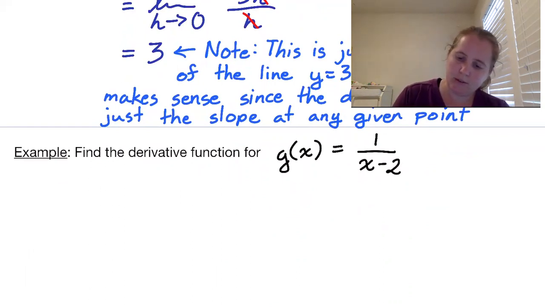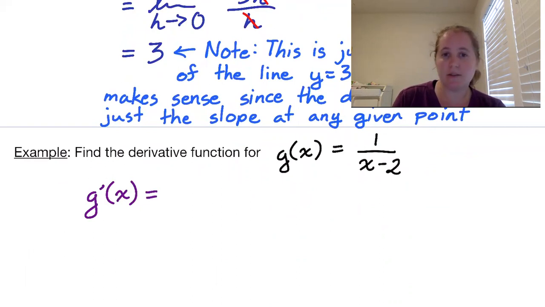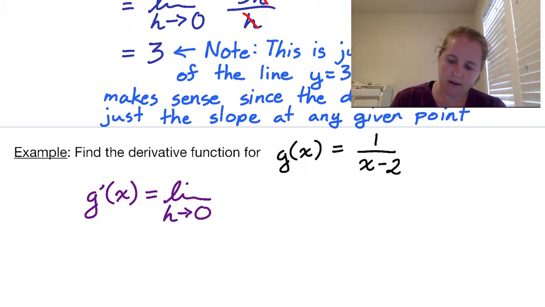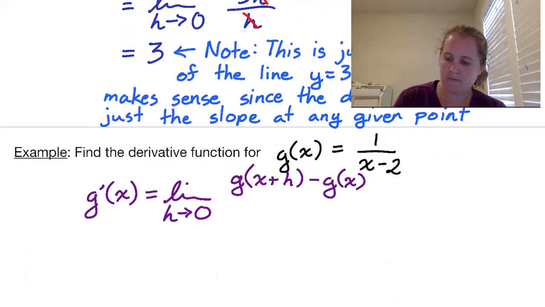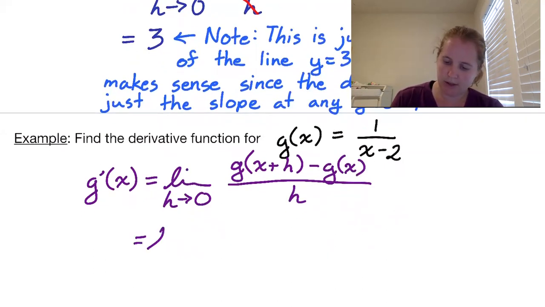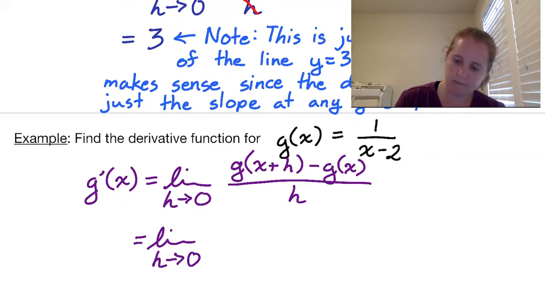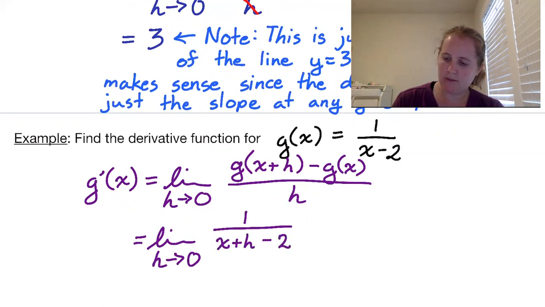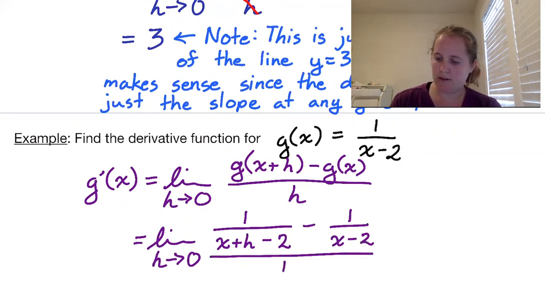So if we wish to find that derivative function, we know that g prime of x is equal to the limit as h goes to 0 of g of x plus h minus g of x all over h, which is the limit as h goes to 0 of 1 over x plus h minus 2 minus 1 over x minus 2 all over h.